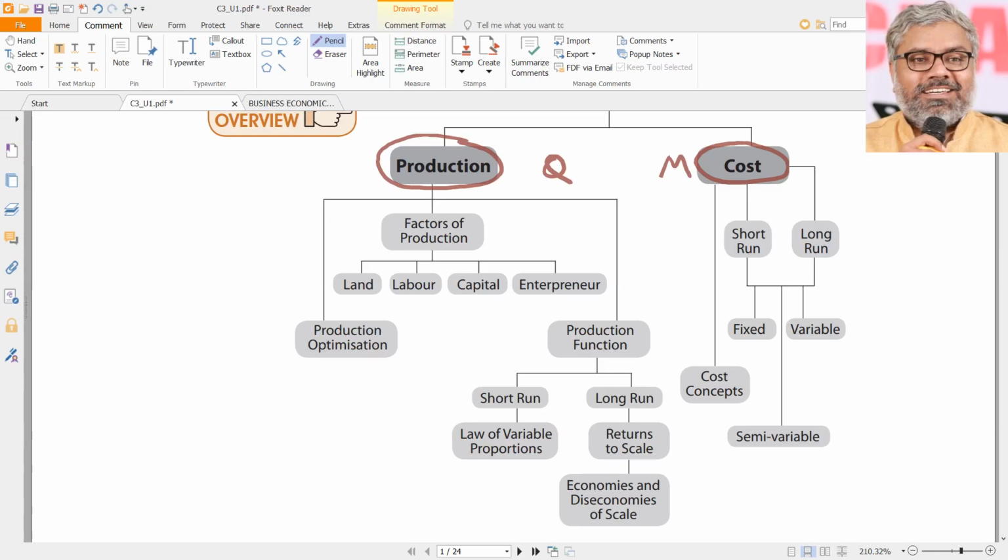Of course, the theory of production itself will have an impact on the theory of cost, no doubt about it. It is going to happen. But we should understand and distinguish very clearly whenever a particular context is drawn from a question. Are we talking about quantities or are we talking about money? Has to be clear, first of all.